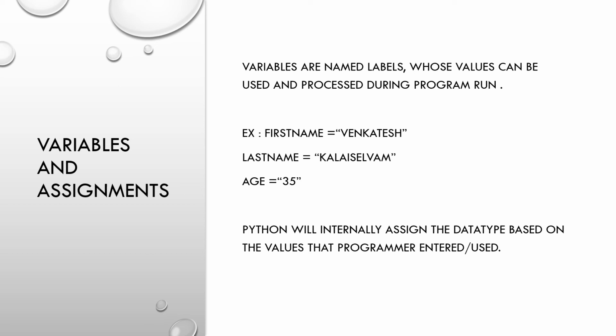Meaning you don't need to specifically write the data type. Let's say if you are handling a string, you don't need to mention that the variable is of string data type. Python will handle it gracefully and internally based on the value that we give in the program. That is the beauty of assignments in the Python language.